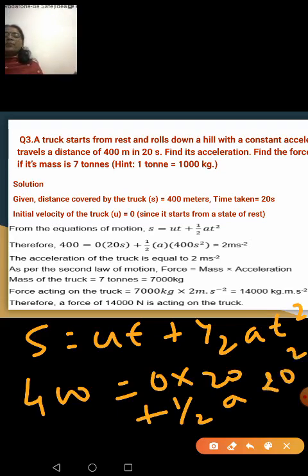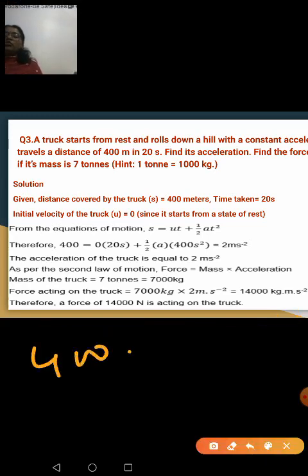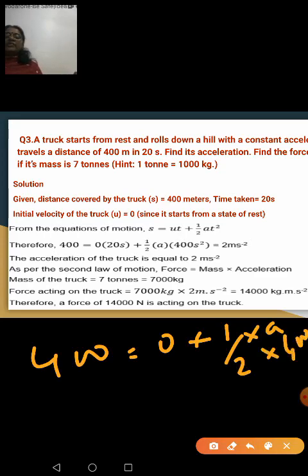So now the first portion completely becomes 0. So you have 400 is equal to 0 plus half into A into 400. Now this 2 and 400 can be cancelled, giving 200.